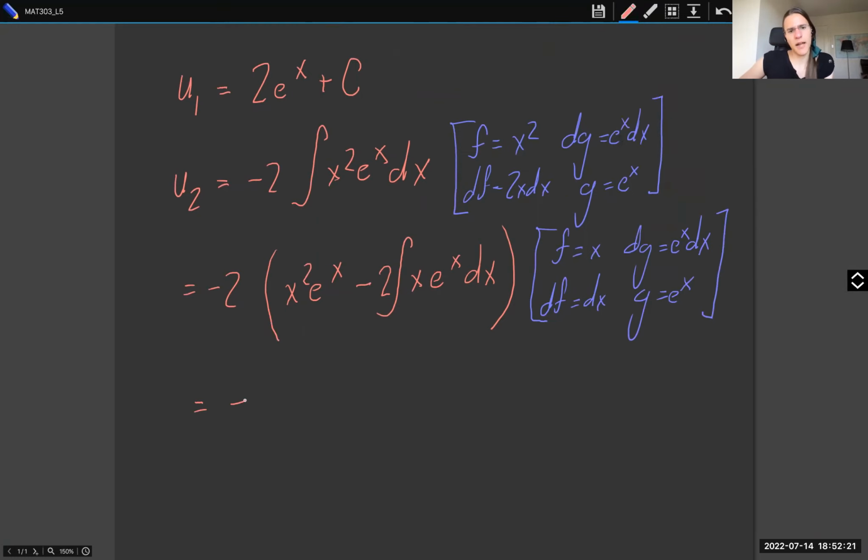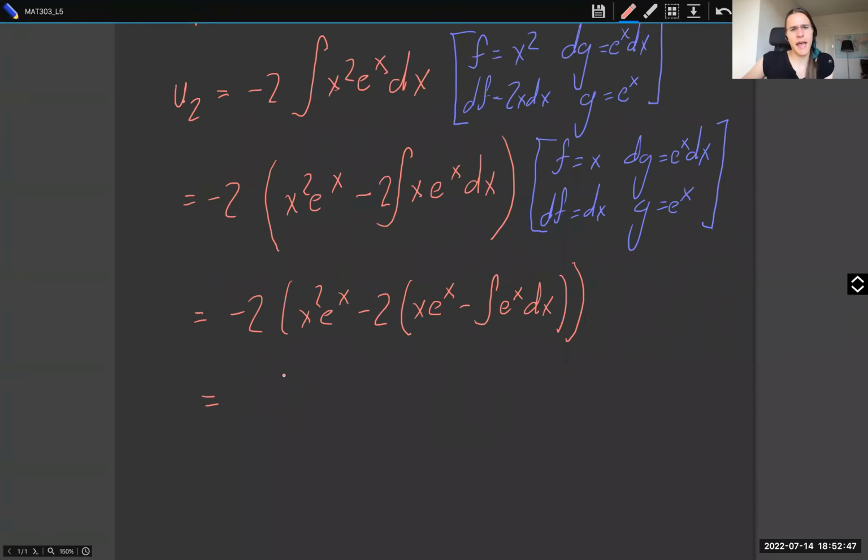So that's minus 2 times x squared e to the x minus 2 times, now I get the cross term x e to the x. And then I get minus integral e to the x dx, which is just going to be e to the x.